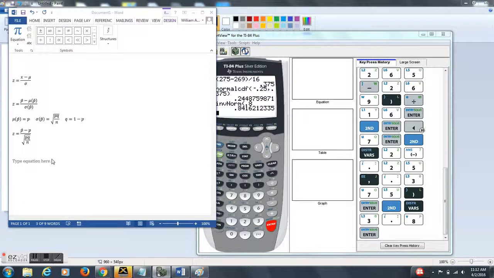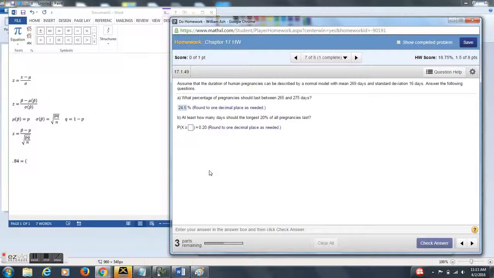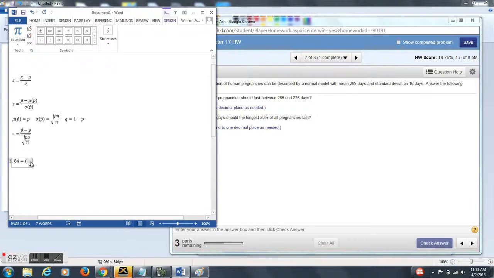So there's my z-score, and I have 0.84 equals, that was the x that I was looking for, or actually is it a p hat? It's an x.